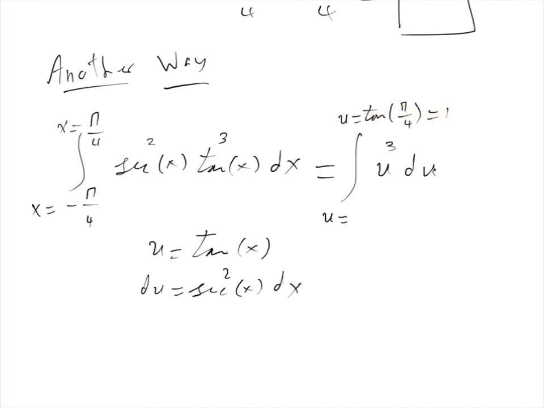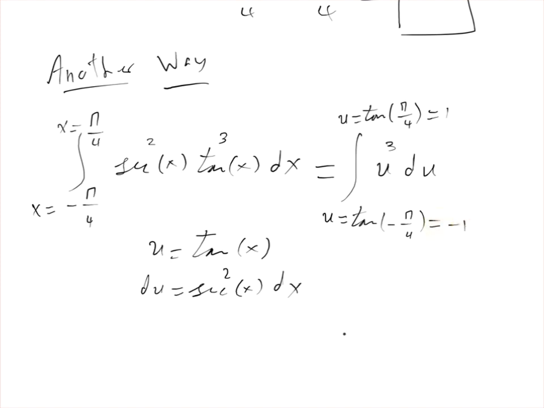Which is 1. And when x is minus pi over 4, u is tangent of minus pi over 4, which is negative 1.